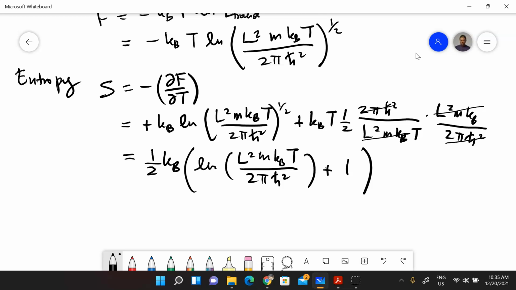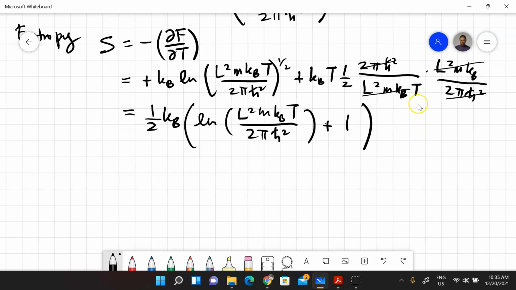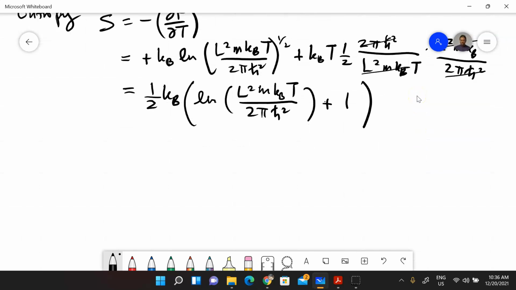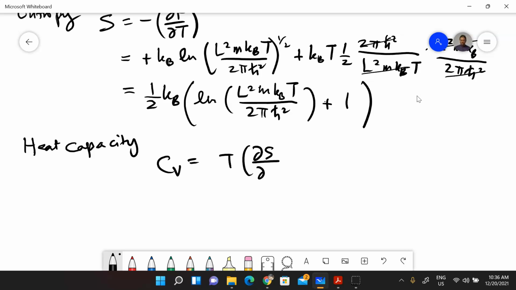And from entropy you can calculate other quantities. The other one that was calculated in the book was the heat capacity. The heat capacity in terms of the entropy is given by T times partial S partial T at constant volume.